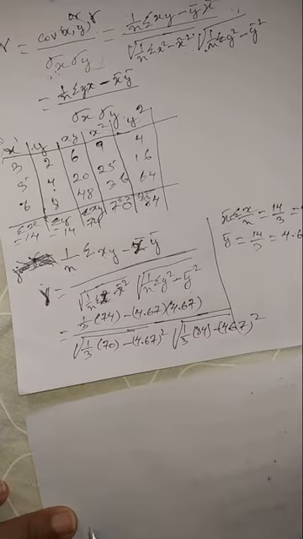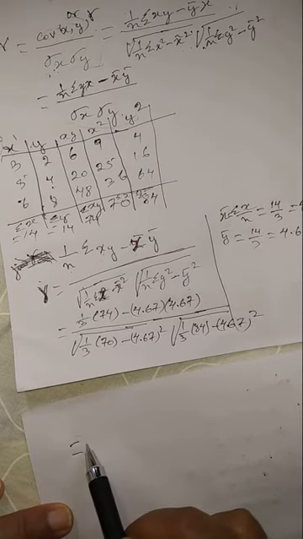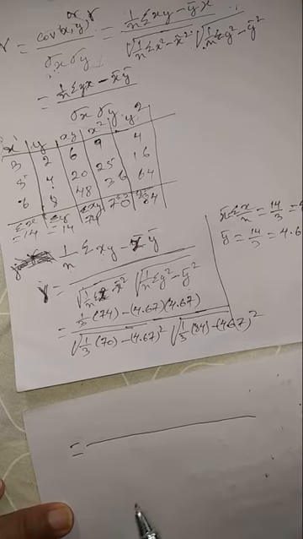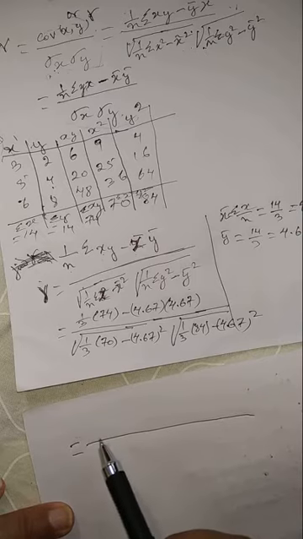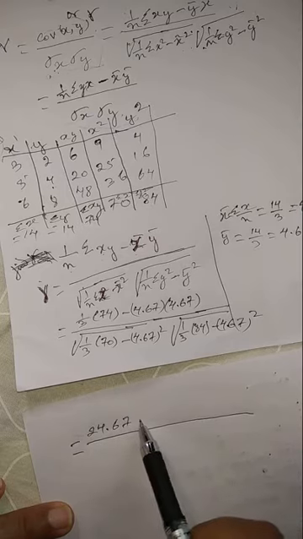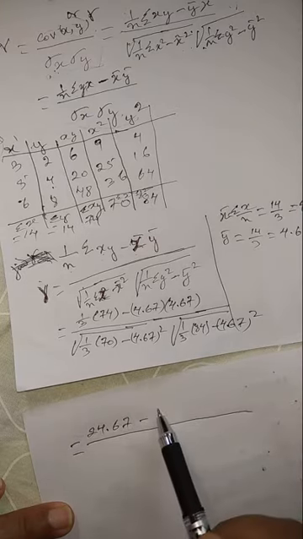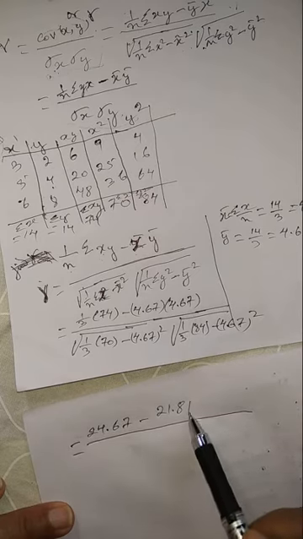Okay, so now we'll continue on the other page. First you better write the straight line. Which is equal to 74 divided by 3, you will get 24.67, and then these two multiplied together, you will get 21.81.